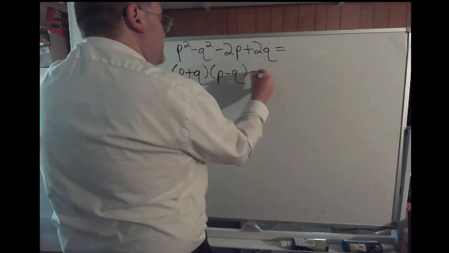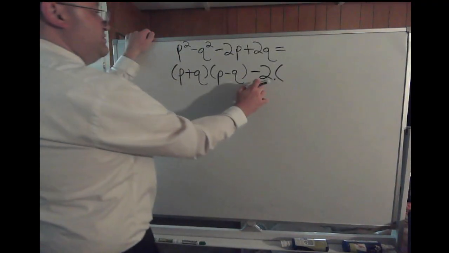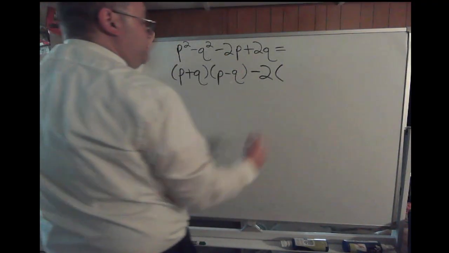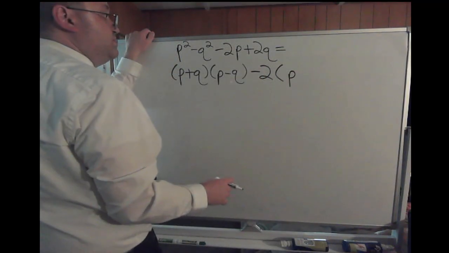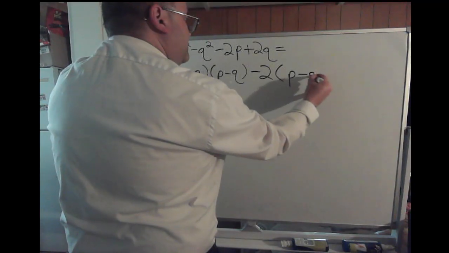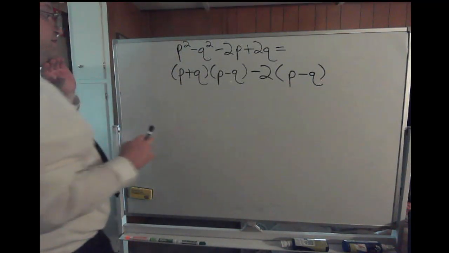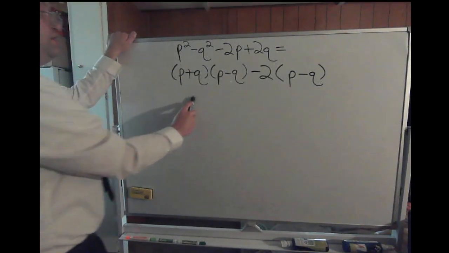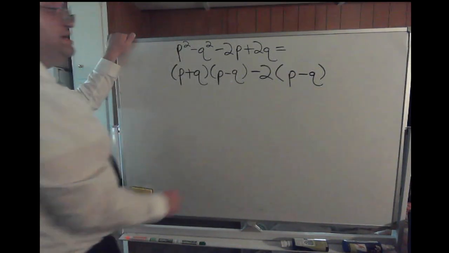You can factor out a negative 2. Now negative 2 times what equals negative 2p? Well, that'd be p. Negative 2 times what equals positive 2q? That'd be negative q. So now you have here the quantity of p plus q times the quantity of p minus q, minus 2 times the quantity of p minus q.